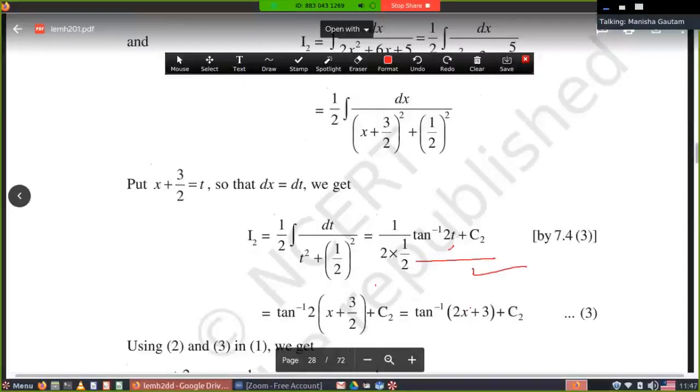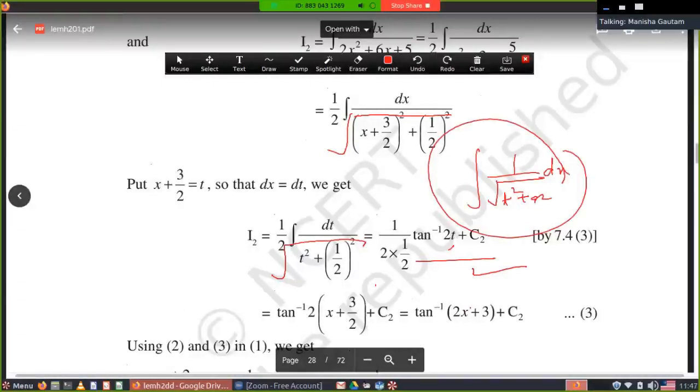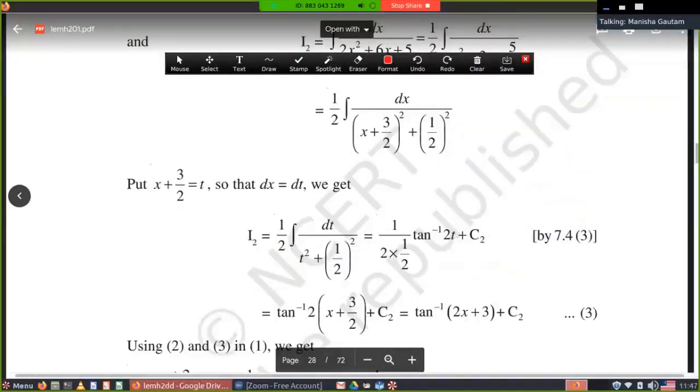Now if there is a root sign in the question, then the question becomes a little bit different: integration of 1 upon under the root t square plus a square. Now you know the formula for this, and you can apply that formula on this type of question also. That is the second part of this example. We can see it here in the example.